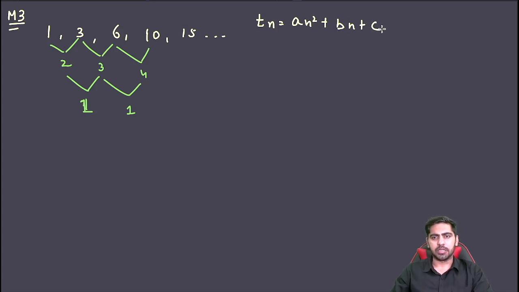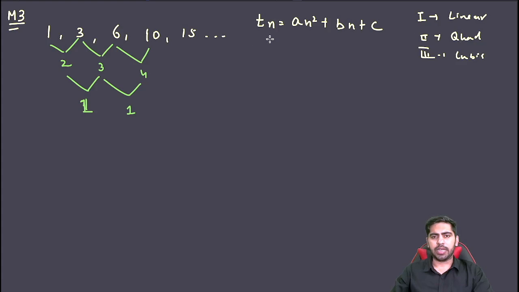Whenever the common difference is the same after two steps, you write the general term as an square plus bn plus c. If it is the same after one step, then the general term is a linear equation. After two steps, like in this particular example, it's a quadratic equation. If it is the same after three steps, then it's a cubic equation. So that is how you work on this.